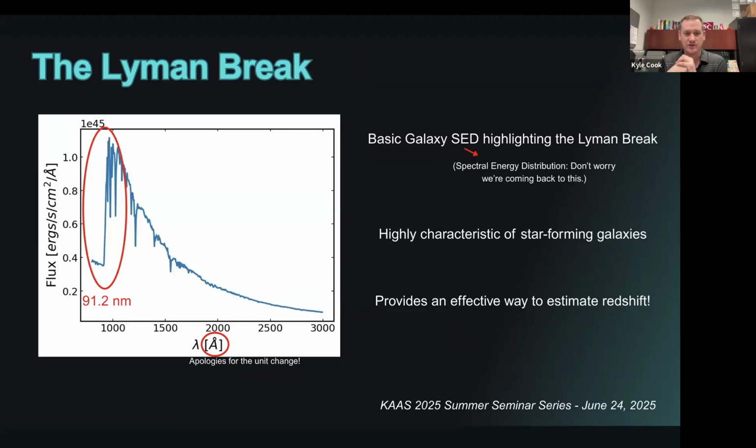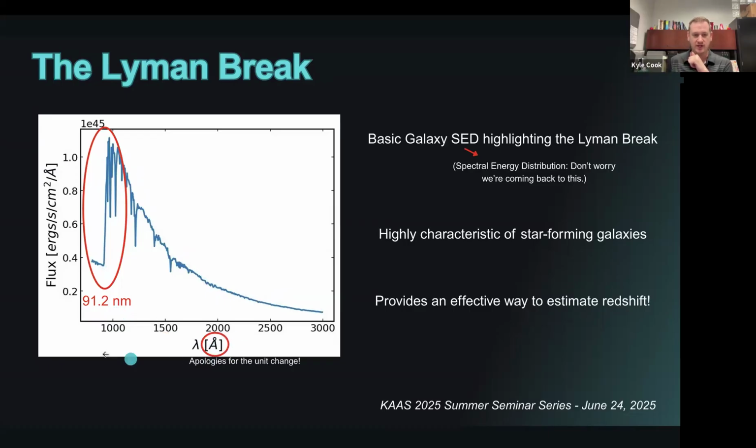Just for reference, this model that I generated would be a Milky Way mass galaxy at a redshift of 0, so right on top of us, with pretty simplistic modeling. But what I wanted to highlight is you've got all these wavelengths, a lot of things going on, and then this very, very sharp break right at 91.2 nanometers.